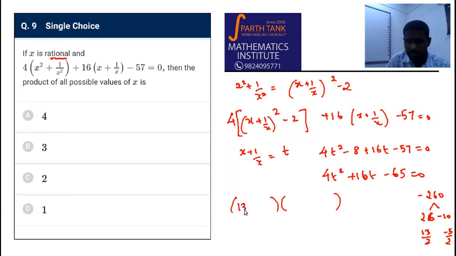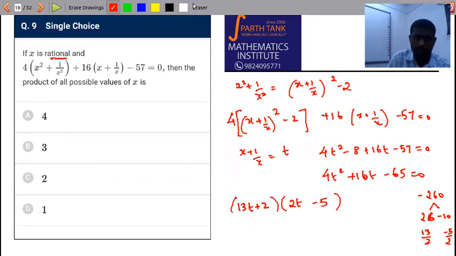So it is nothing but 13t plus 2, and 2t minus 5, right? So this way I would get, sorry, I messed up the last step.